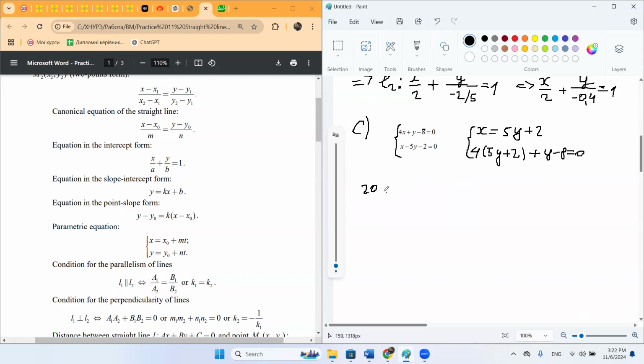So 5y times 4 is 20y plus 8 plus y minus 8 equals 0. And by the way, constants are eliminated. So y equals 0. And then x equals 2. So coordinates of N are 2 and 0.